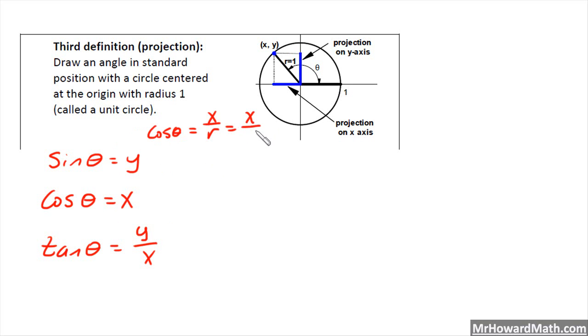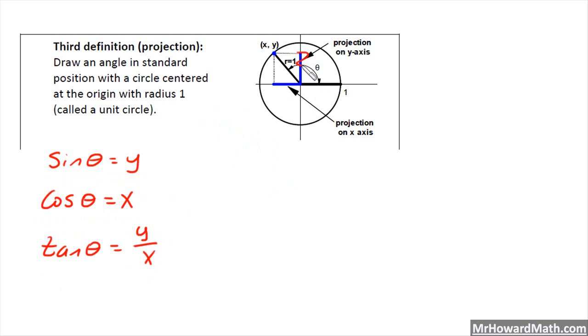In this case, r is 1. On the unit circle, your radius is 1. x over 1 is equal to x. So that's why cosine theta is equal to x in this definition. Tan theta would be equal to y over x, and that's coming from your unit circle definition.